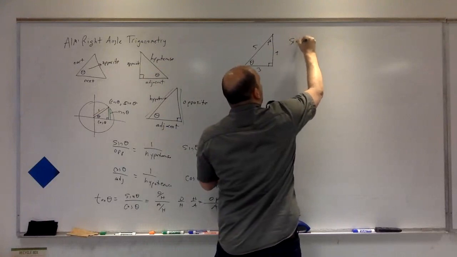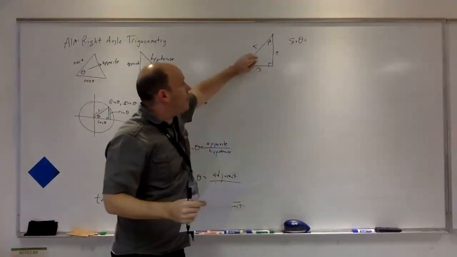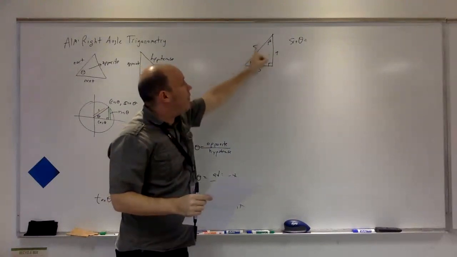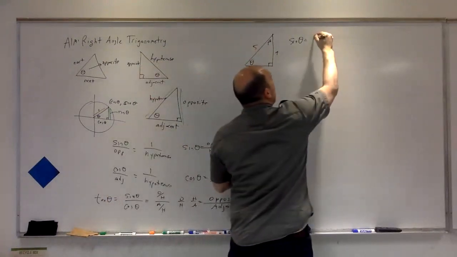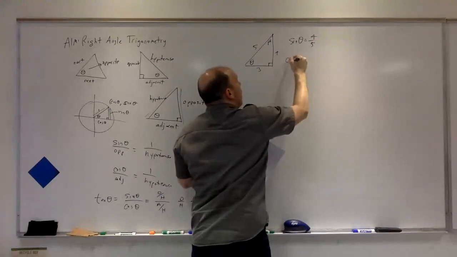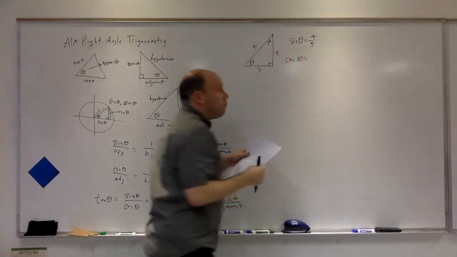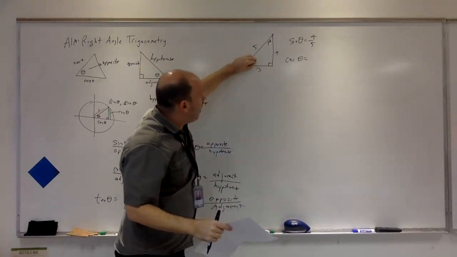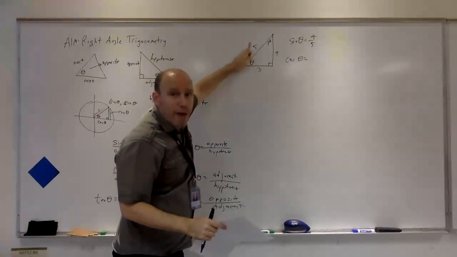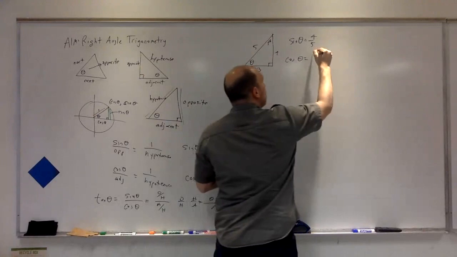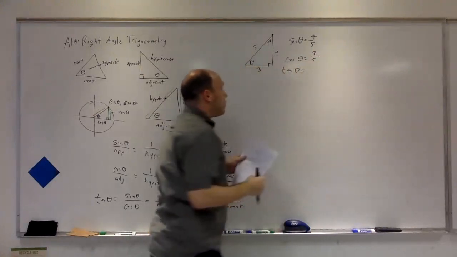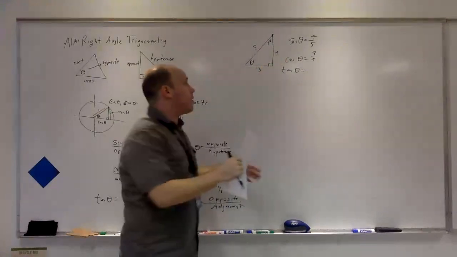So the sine of theta, you're standing at theta, and you're saying, okay, 4 is opposite, 5 is the hypotenuse. Now I'm asking you for the cosine of theta. You say, Mr. Aller, I'm standing at theta, 3 is adjacent, 5 is the hypotenuse. And we can look at the tangent of theta, opposite over adjacent.